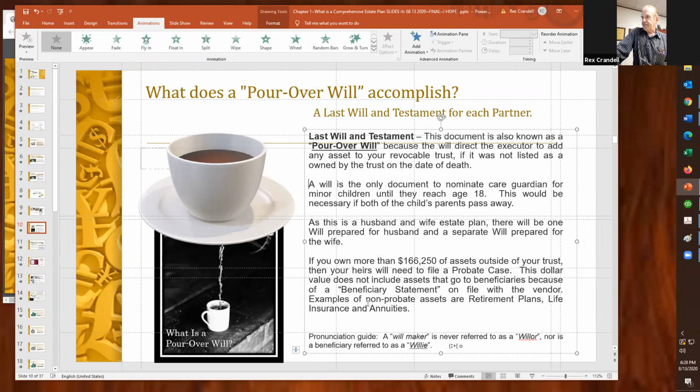So if you find out that a person passed away and they say, oh my gosh, we've got all these assets out of the trust, now we're going to have to do a probate. And you find out that their retirement plans, life insurance, or annuities, remember I said that those are not counted for probate.